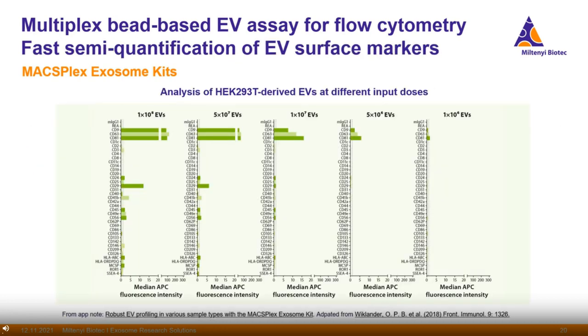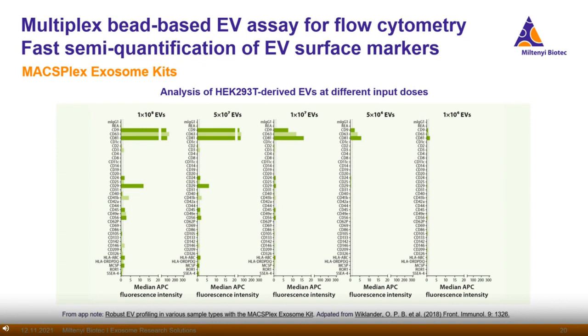As mentioned, it's a semi-quantitative method, so the signal intensity detected with detection antibodies depends on the EV concentration, and the range of detection was, for example, assessed here by using 5 different doses of EVs isolated from HEK cells as input. And as expected, the signal intensity for positively stained bead populations decreased with decreasing EV input, as you can see from left to right.